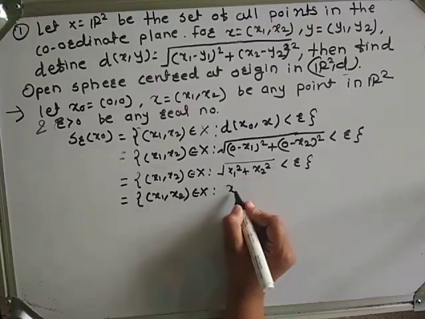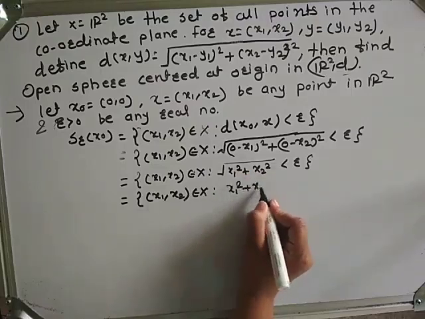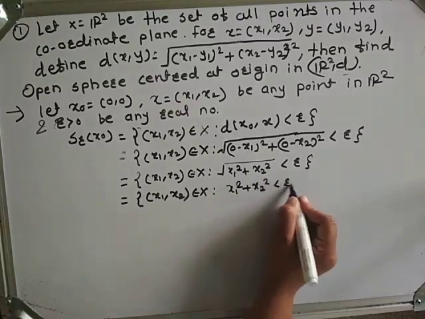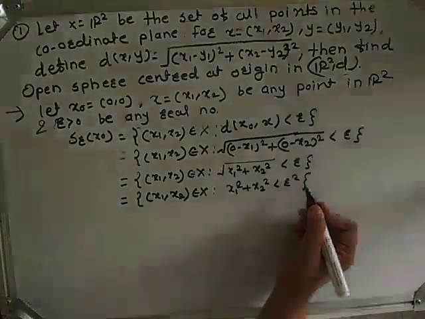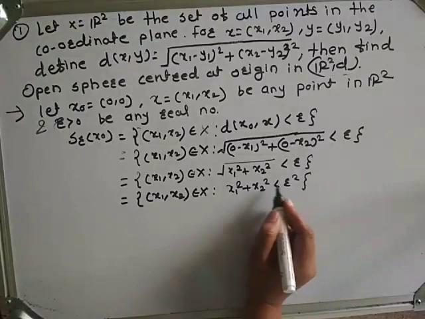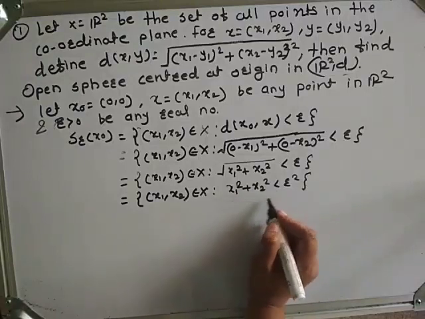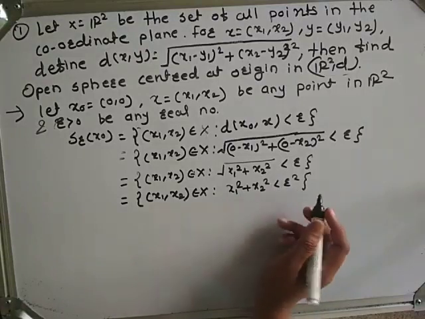Squaring on both sides we get x1 squared plus x2 squared is strictly less than r squared. This is nothing but the region enclosed by the circle centered at the origin.